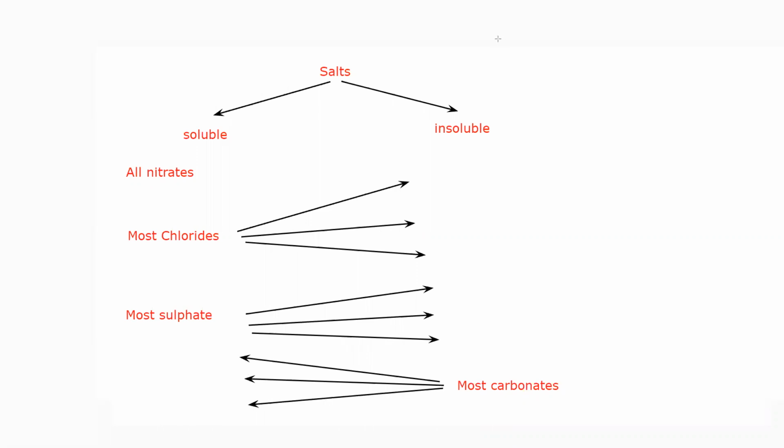So these exceptions: most chlorides are soluble except mercury, silver, and lead. Most sulfates are also soluble except barium, calcium, and lead.